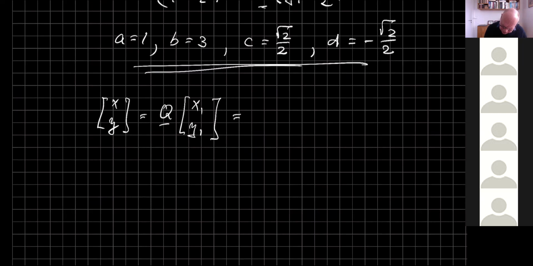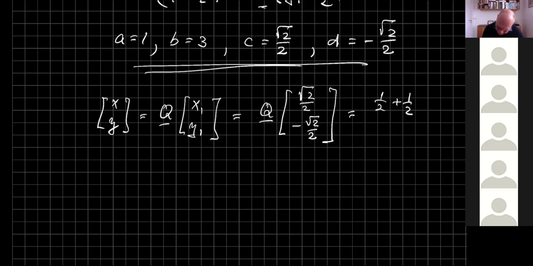So if I take q, and then I have square root of 2, minus square root of 2 halves. And remember, you have square root of 2 half in the first row here, and minus square root of 2 half. So you get 1 half plus 1 half, and then you get 1 half minus 1 half. So that is 1, 0.